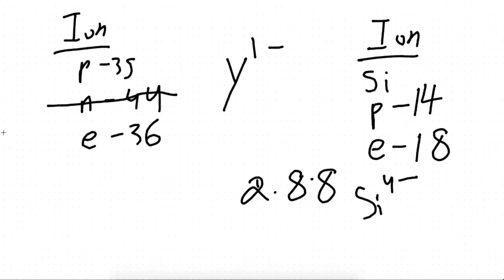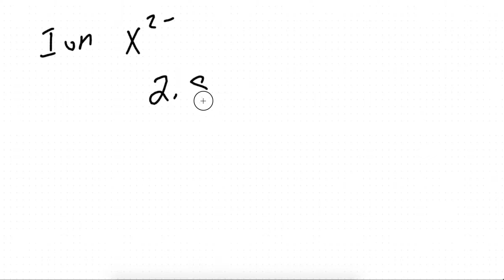Now, next question. This is basically to just differentiate between atoms and ions, okay, students? Ion X2 minus has an electron arrangement of 2.8.8. Determine the number of protons and electrons in ion X2 minus.